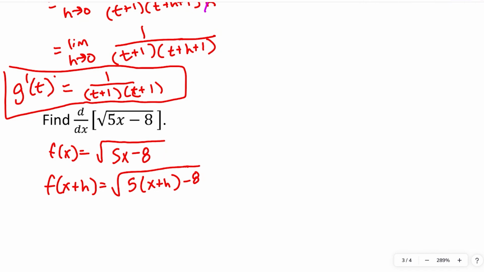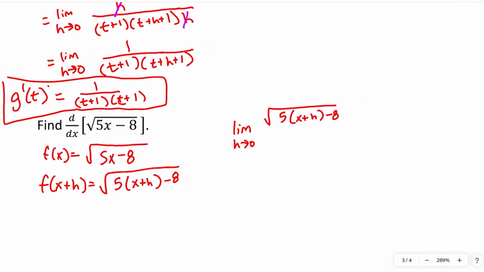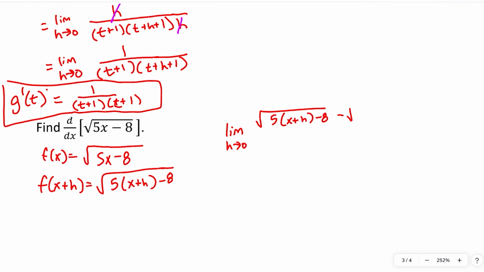Okay, let's get started finding our slope. The limit as h approaches 0 of f of x plus h, so that's the square root of 5 times x plus h minus 8, minus f of x, so that would be minus the square root of 5x minus 8, all divided by h.